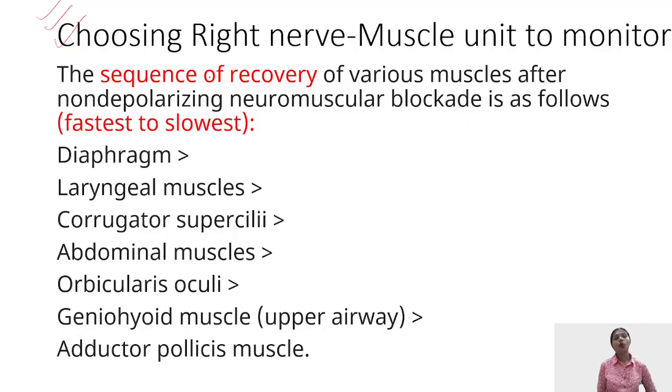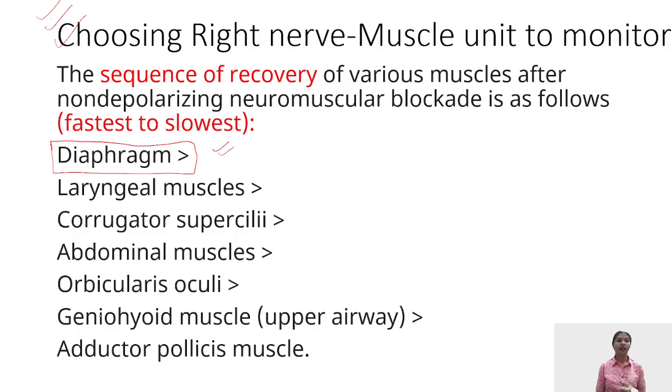When we talk about the sequence of recovery, how are the muscles going to recover? The first muscle to come back are your central muscles, the diaphragm. This is very important. The first muscle to come back during the time of recovery is your diaphragm.